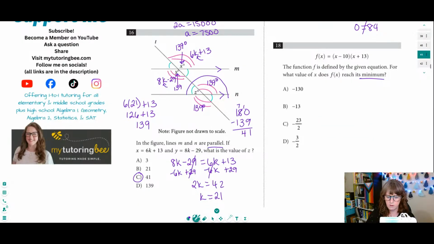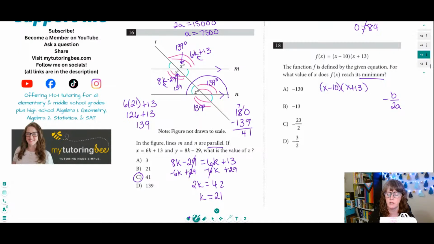So, the x portion of the vertex can be found by negative b over 2a. Now, we need this in standard form in order to figure out what the b and a are from this quadratic. So let's go ahead, and I'm gonna use the FOIL method, or distributive property, if you will.